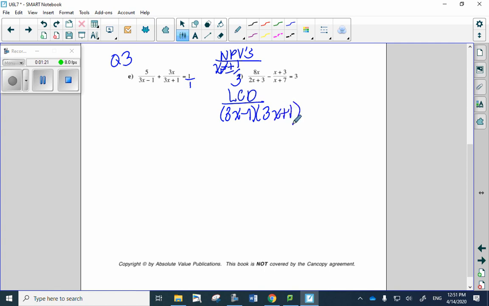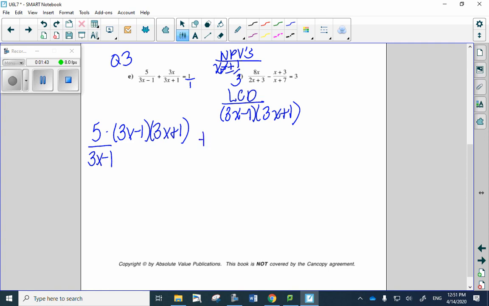Okay. So now the next step is you multiply every single term by your lowest common denominator. So I'm going to rewrite this out as 5 times, I'm multiplying it by 3x minus 1 times 3x plus 1. And this was just over 3x minus 1. Okay, do not multiply anything yet.